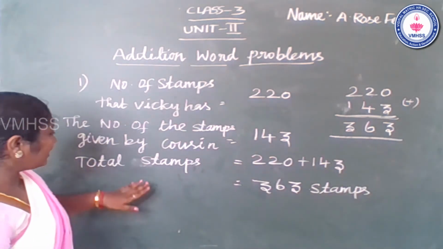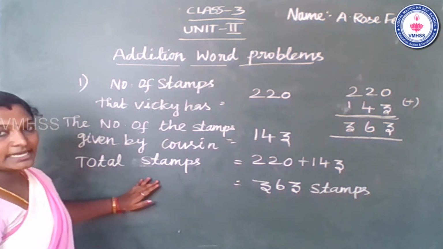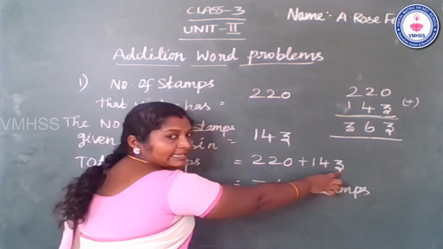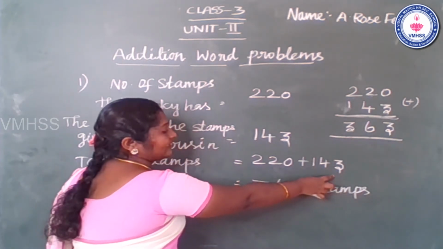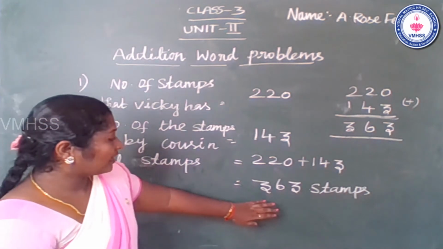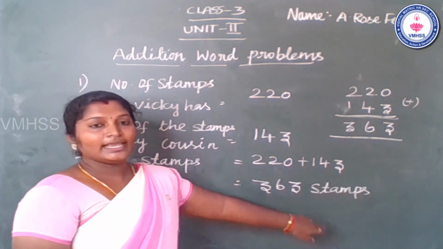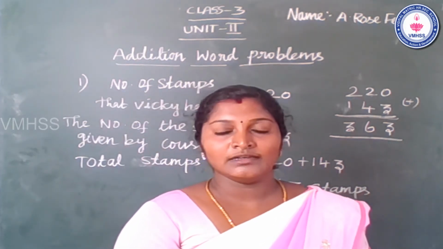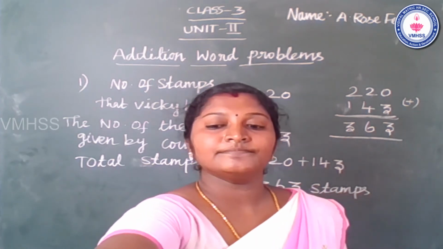What is the question? The total number of stamps. So 220 plus 143 gives 363 stamps. Okay students, do you understand this sum? Shall I move to the next slide?